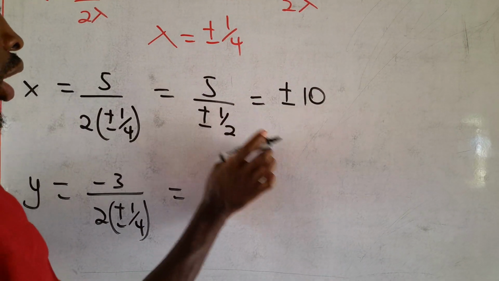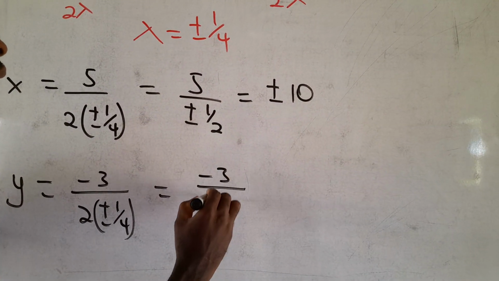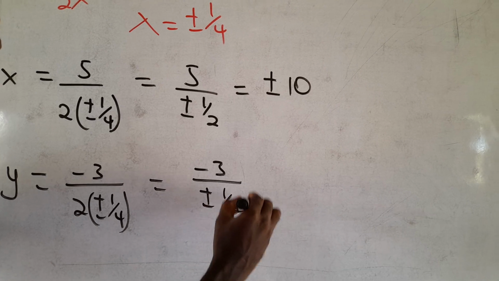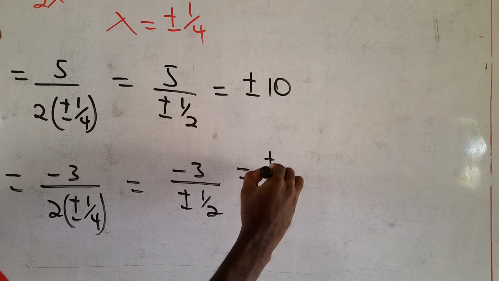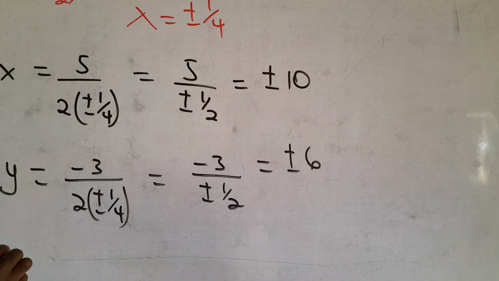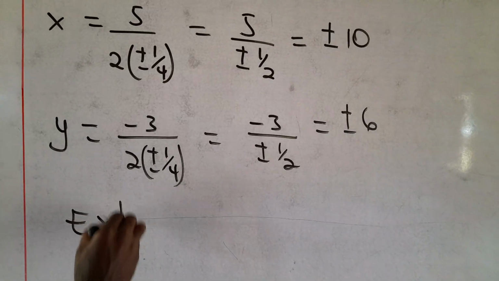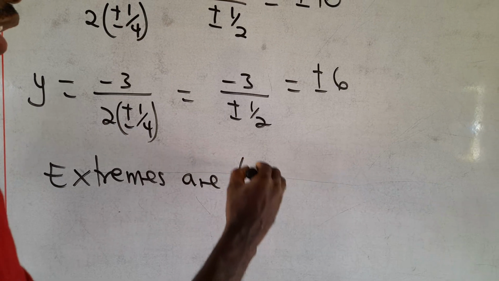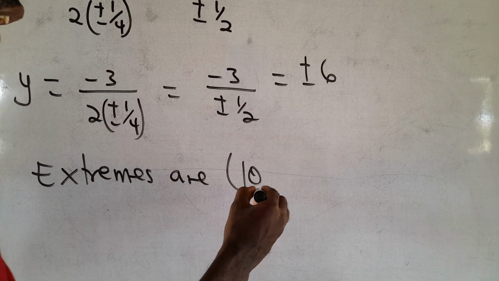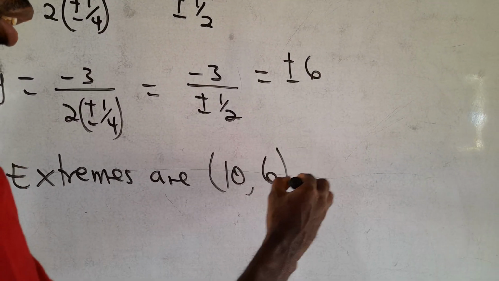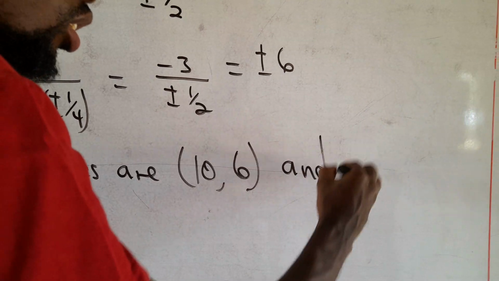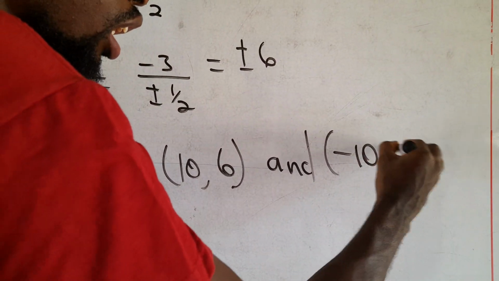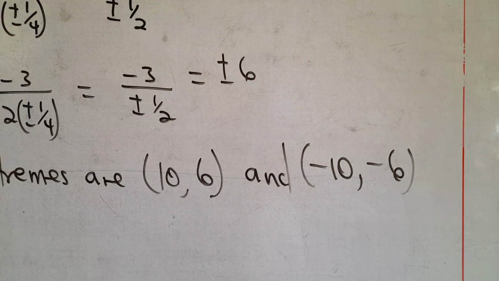So we have negative 3 over plus or minus half, and that will give us plus or minus 6. Then we can say our extremes are when x is 10 and when y is 6, and when x is negative 10 and when y is negative 6. That's from these values.